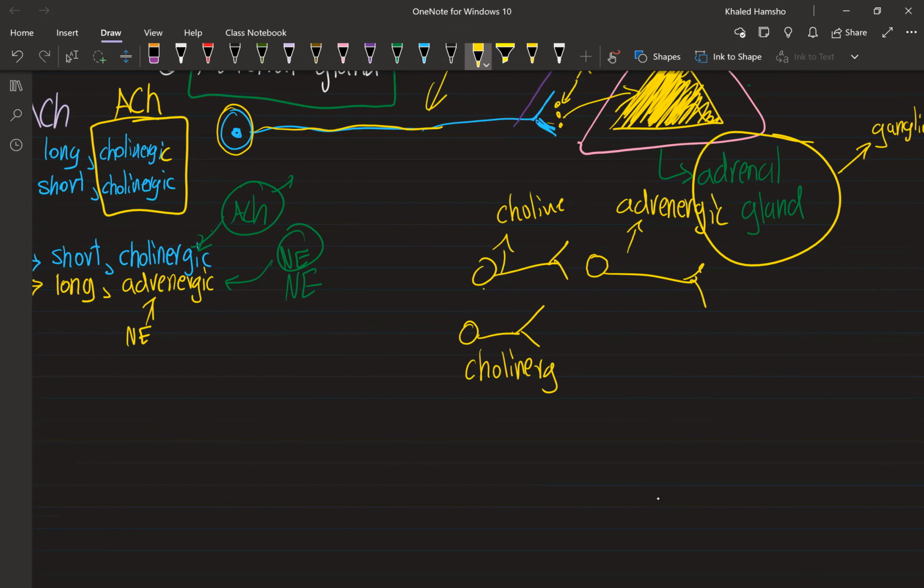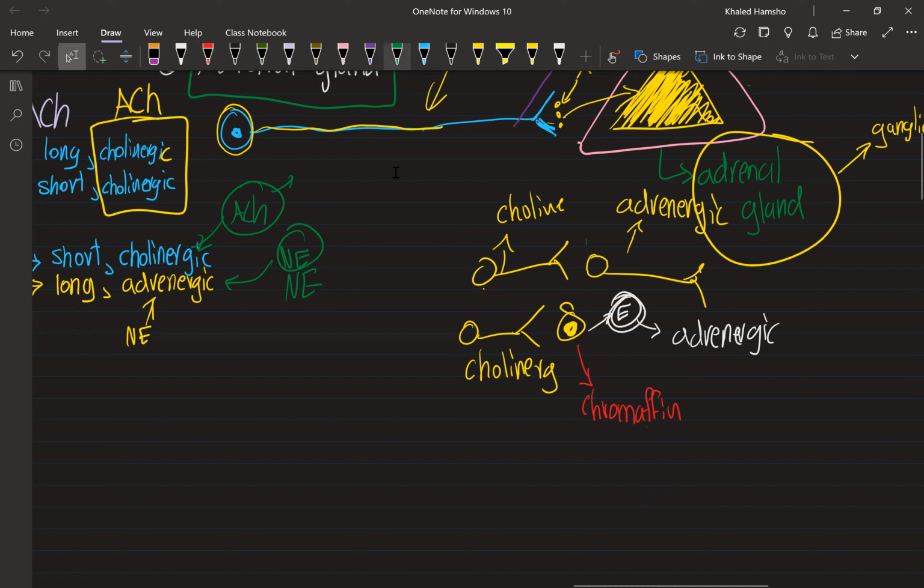It goes to this cell, the chromaffin cell or adrenal gland cell. And this cell releases epinephrine, which is adrenergic. It's the same thing, except this is a cell. And it releases epinephrine, a hormone. This is why it's stimulated in the fight or flight response.